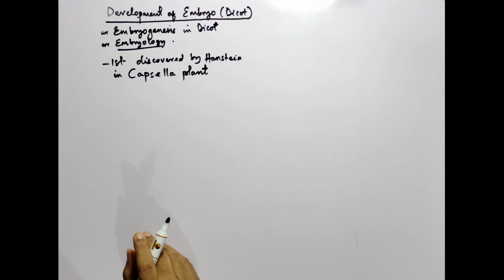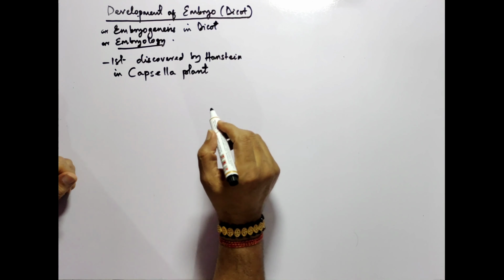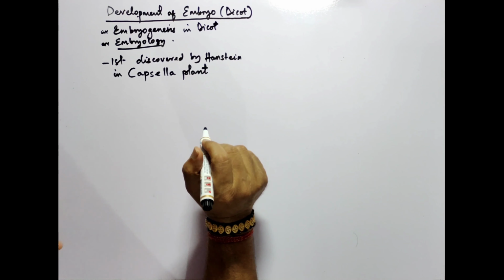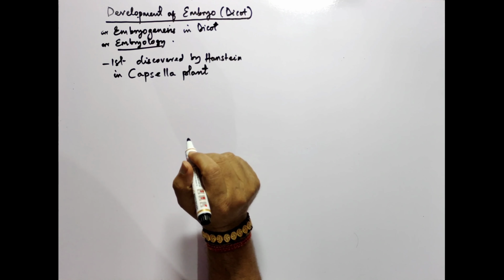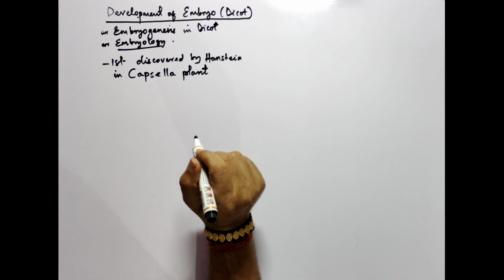In the last video we have already discussed the double fertilization and triple fusion and how the zygote is formed. So the development starts from the zygote to the matured embryo.